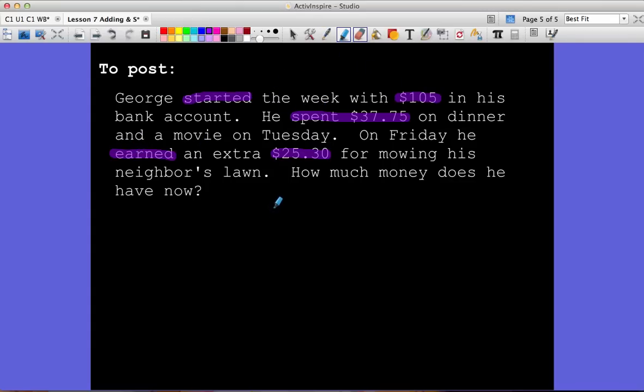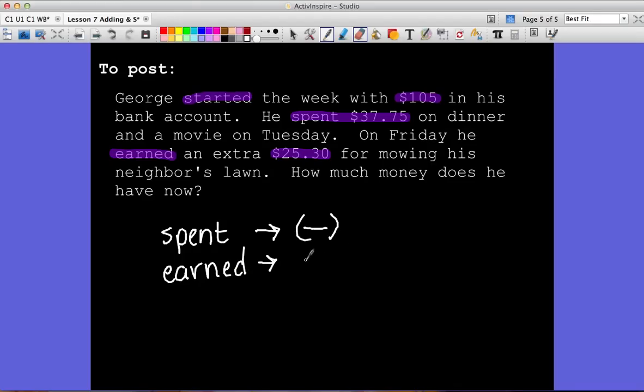Spent, earned. Okay, because spent means that it went out of our bank account. So spent actually tells us that we need to use subtraction. Earned, so when you earn money, it goes into your bank account or into your pocket. So if you said we're using addition, you are correct.